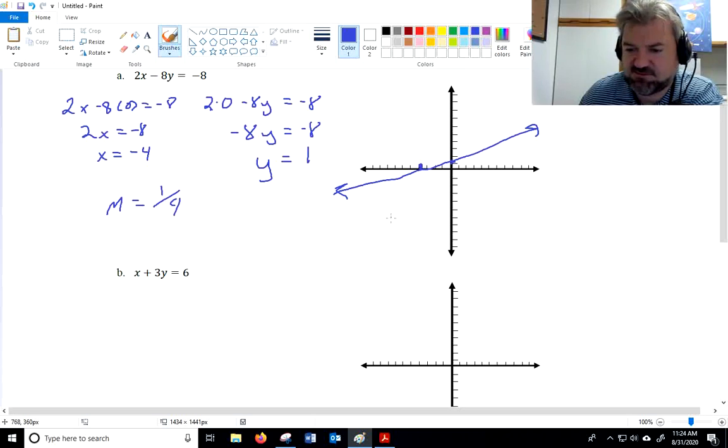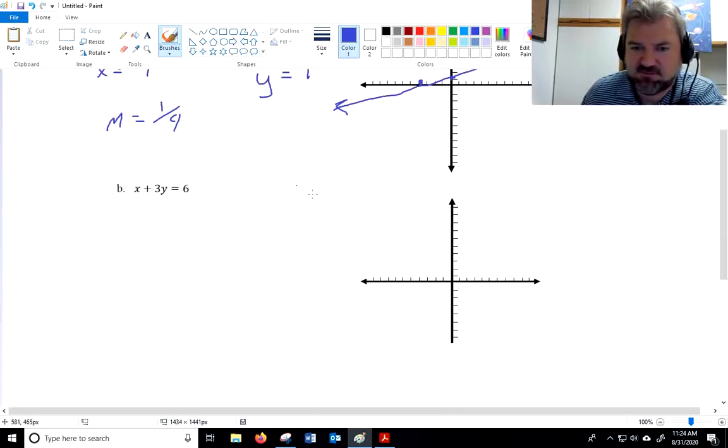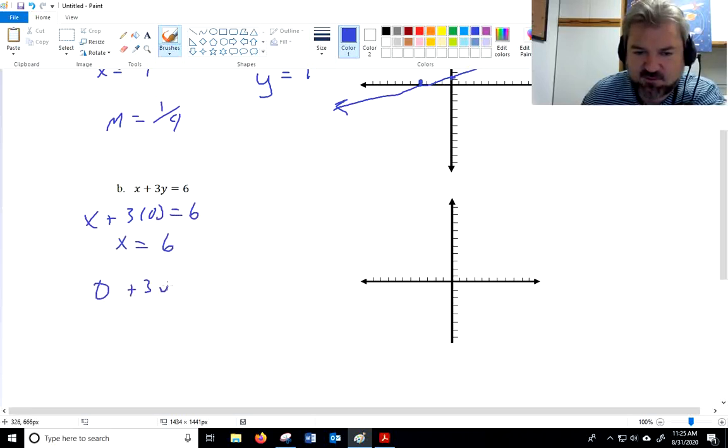All right, let's take a look at your next equation. We have x plus 3y equals 6. We have an x-intercept, which we can find by plugging in 0 for y. I think you'll agree is just 6. We can plug a 0 in for x to get the y-intercept, and you'll get y is equal to 2.